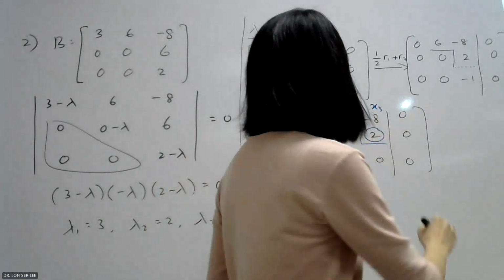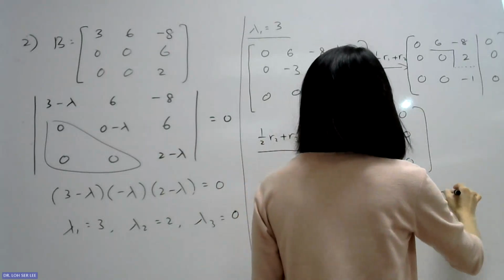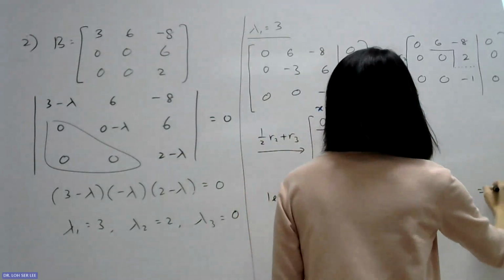Then first row is 6x2 minus 8x3 equals to 0.